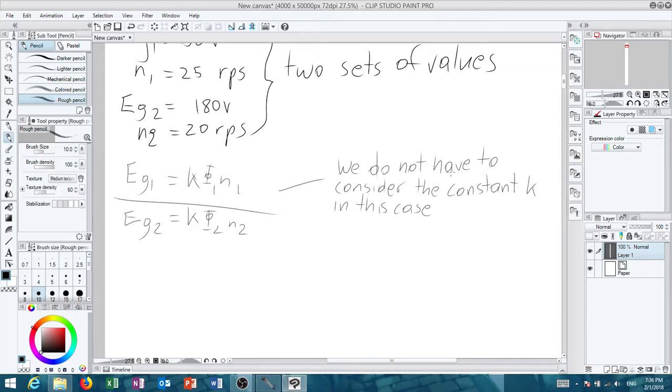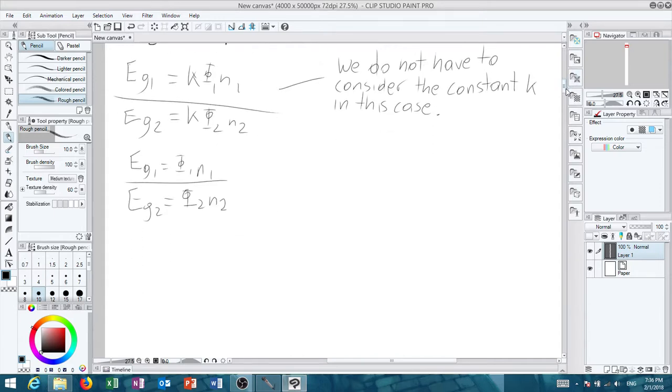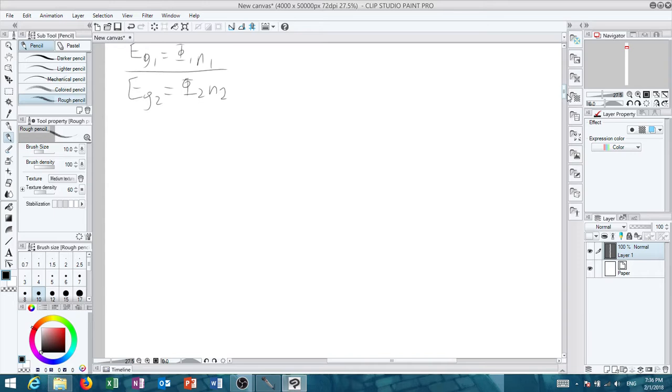Because we do not have to consider the constant K in this case, we can take K out of the formula and that would leave us with EG1 over EG2 equals phi 1 N1 over phi 2 N2. So because we have this, we can now find phi 1.